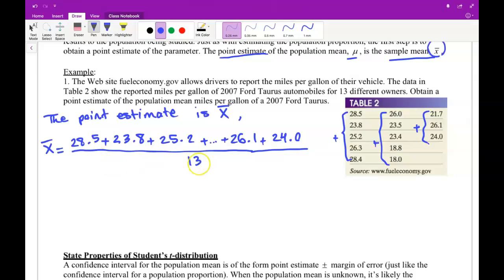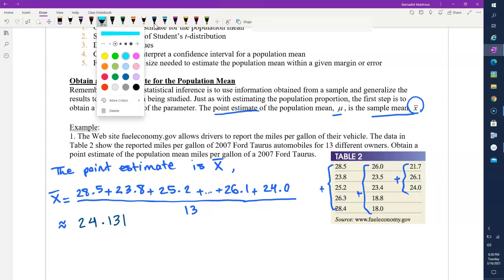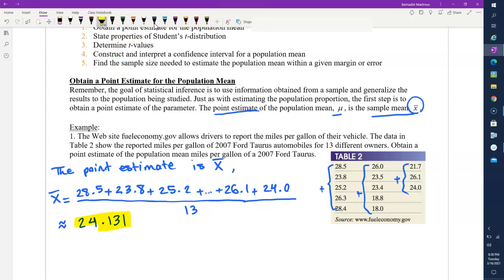Adding all these, dividing by 13 and rounding, the answer is 24.131. So this is the point estimate of the population mean.